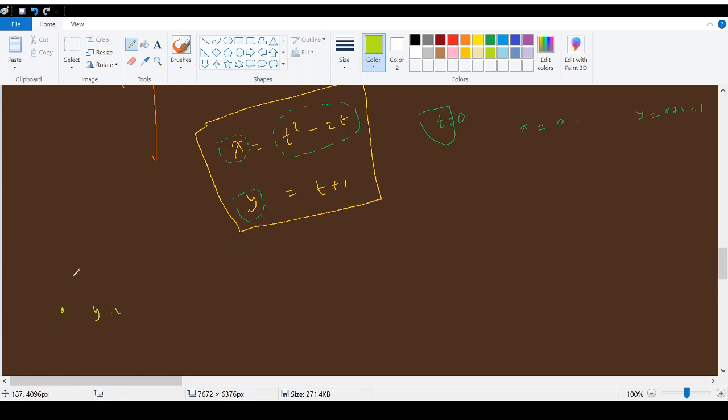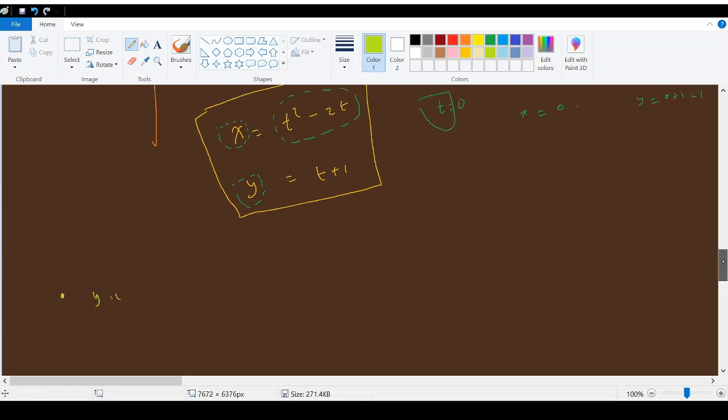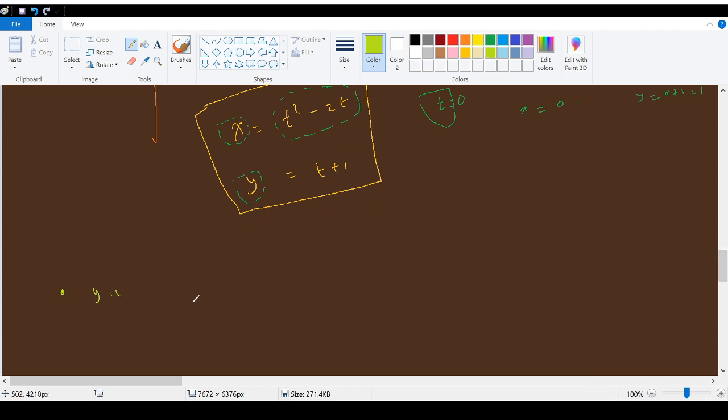Now this method is not possible for all parametric equations, but for simpler versions like this we can extract out a certain relationship between x and y. For example, if we take this one, we have x equals t squared minus 2t, and from the second equation we can make t the subject.